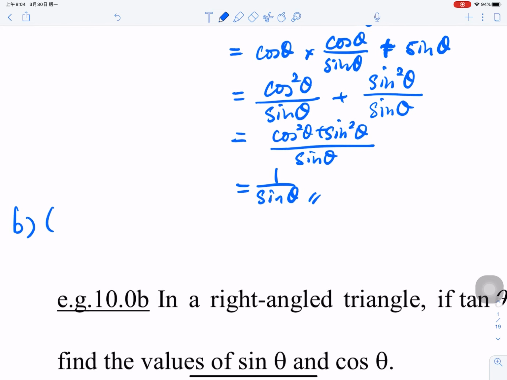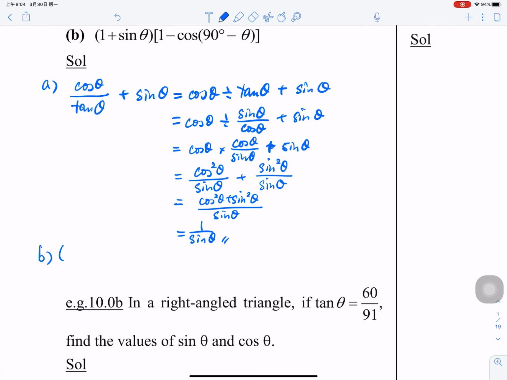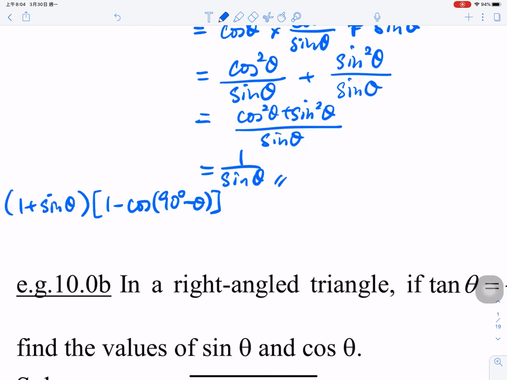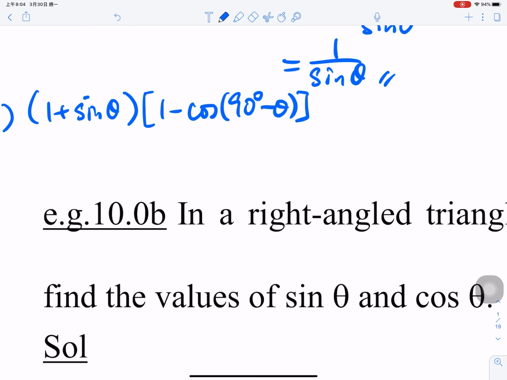Part B. Let's copy the question: 1 plus sine theta, and then times 1 minus cosine of 90 degrees minus theta. Okay, let's see, how to do this one? Here, 1 plus sine theta. And here, cosine of 90 degrees minus theta equals what?